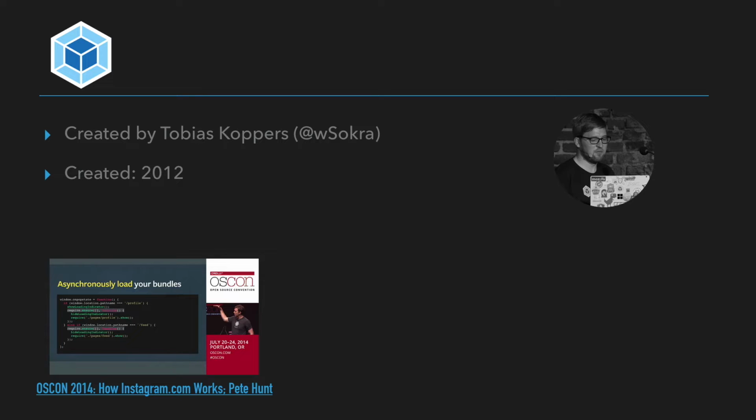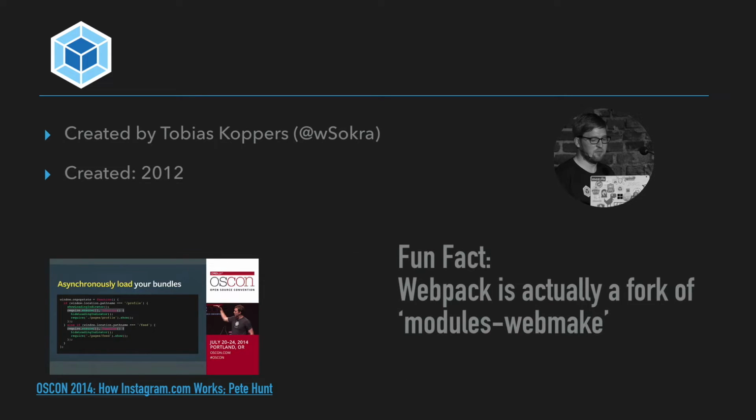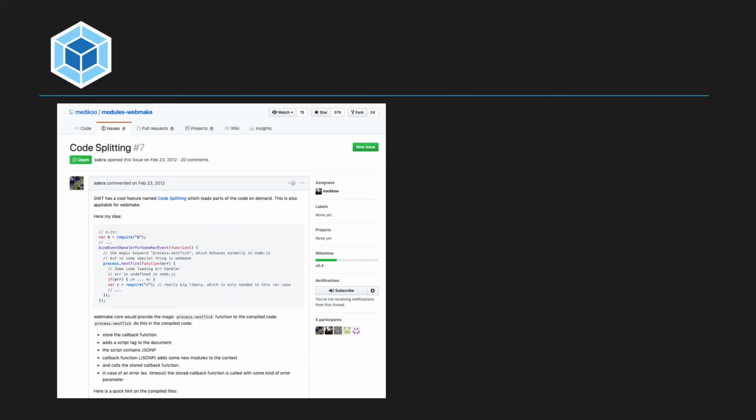Here's a fun fact about Webpack. Webpack is actually a fork of Modules WebMake. It all started in issue number 7 in Modules WebMake in 2012. Tobias wanted code splitting. That's all he wanted to add to Modules WebMake.